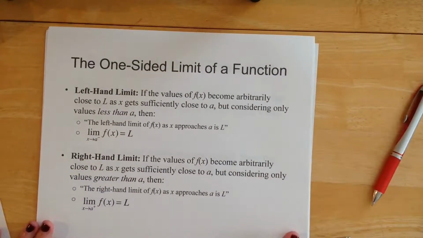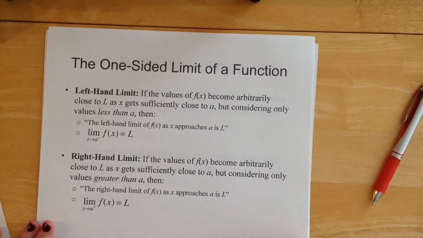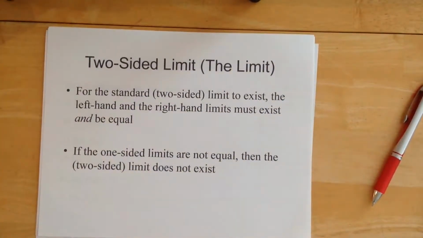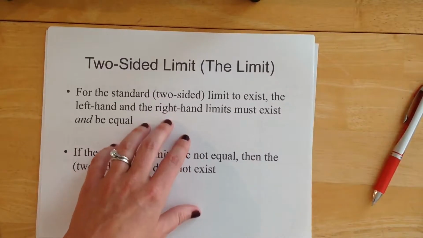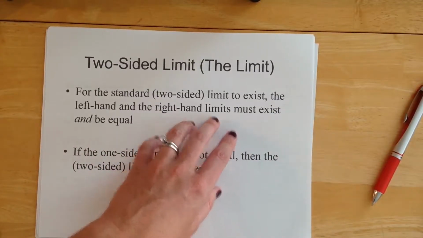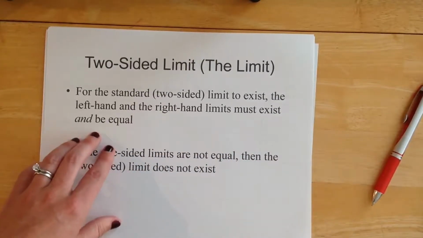Okay, so here's kind of the definition of a one-sided limit of a function, and we just talked about this, so you can read it. Like I just said, when looking at that example, for the standard two-sided limit to exist, the left-hand and the right-hand limits must exist and be equal.